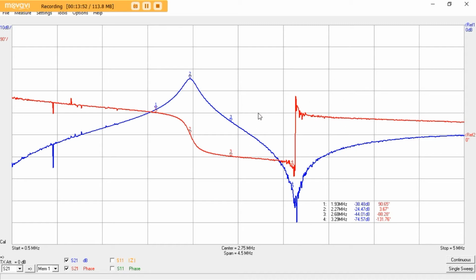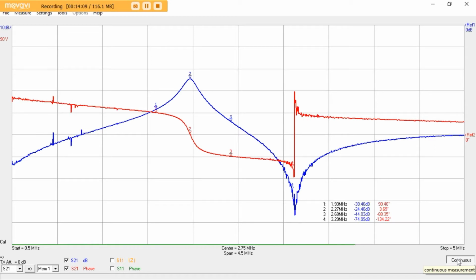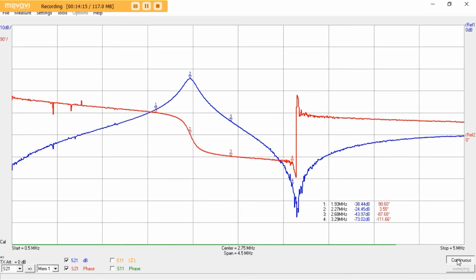So what I'm going to do now is put this on continuous sweep, and make some adjustments, and then we see how these characteristics vary as a result of the different changes of parameters. So if I put this on continuous, that's it. We're scanning across, and now I'm going to first of all decrease the parallel tuning capacitor on the primary.